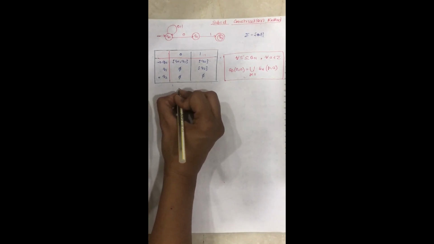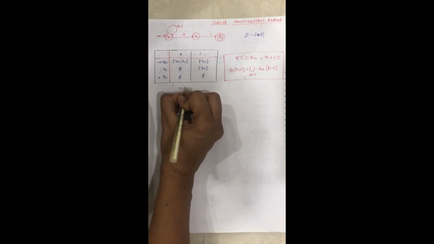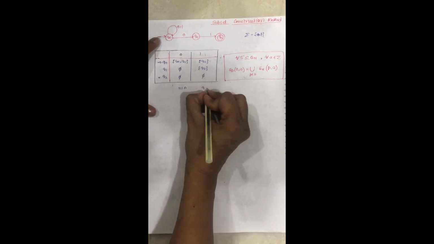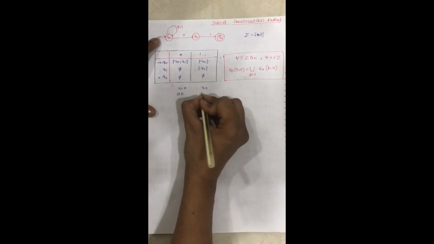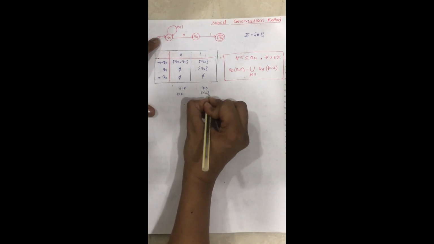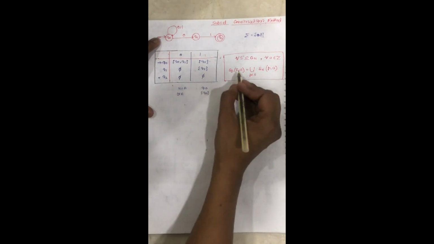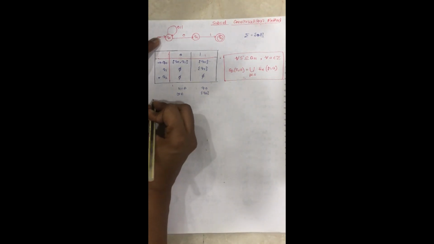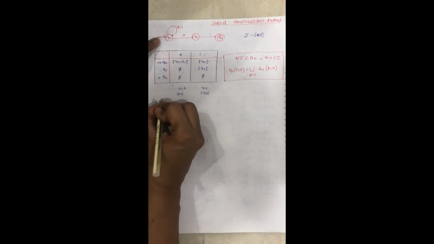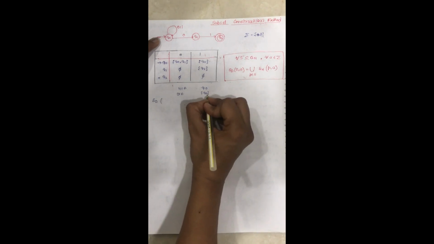Now we'll do the steps. First of all, we know that in the NFA the start state is Q0, right? So in the DFA the start state will be Q0 in the form of a set. Now we'll apply this formula and obtain the transitions. Here we apply delta D, meaning we obtain the move in the DFA for the start state.